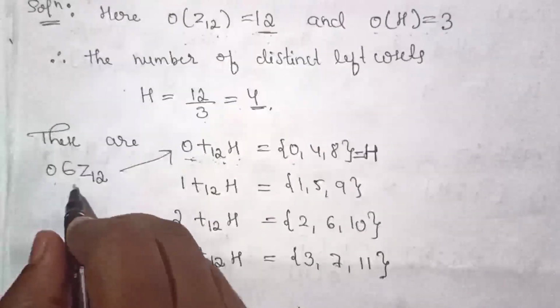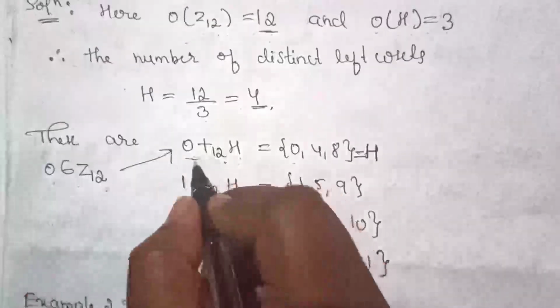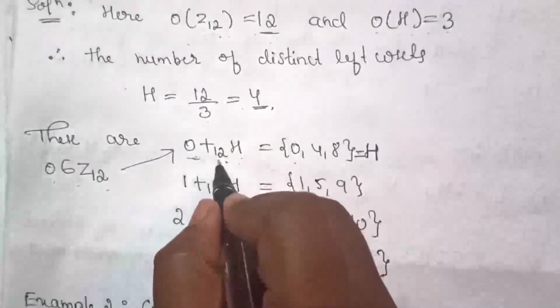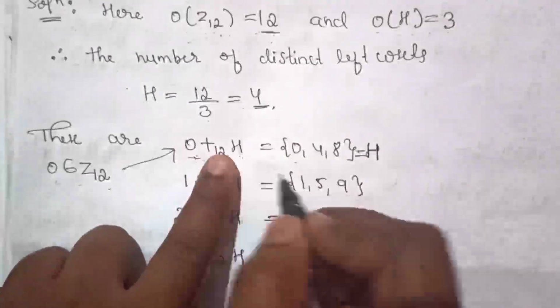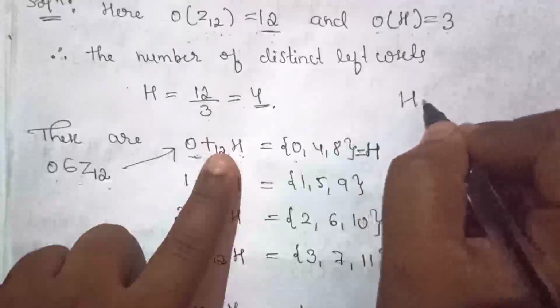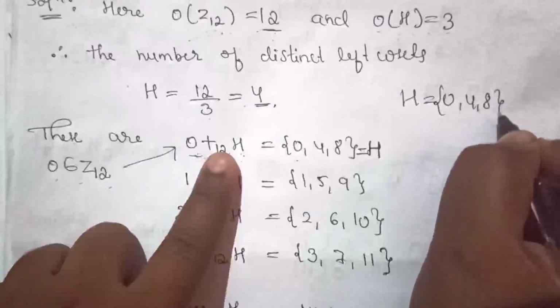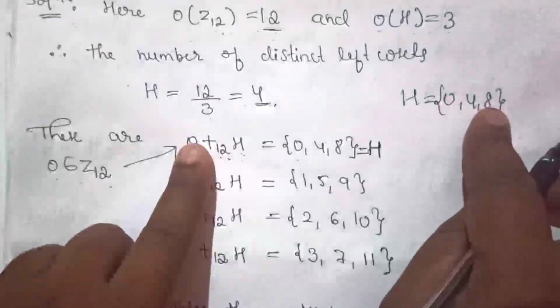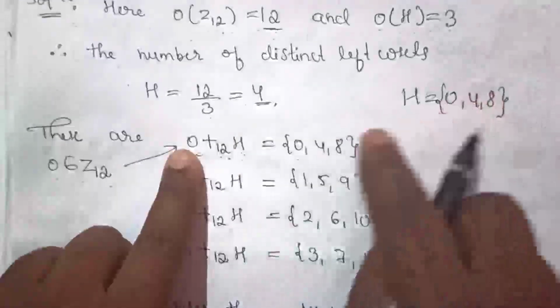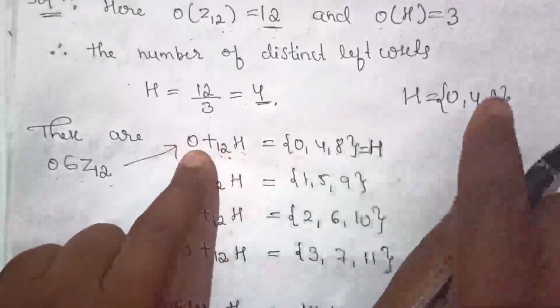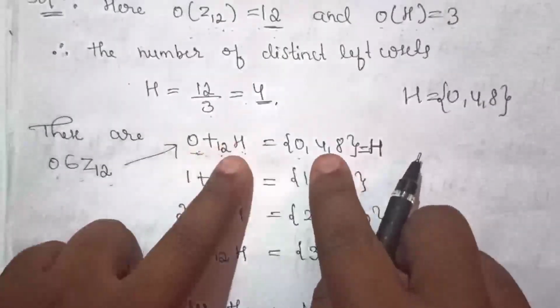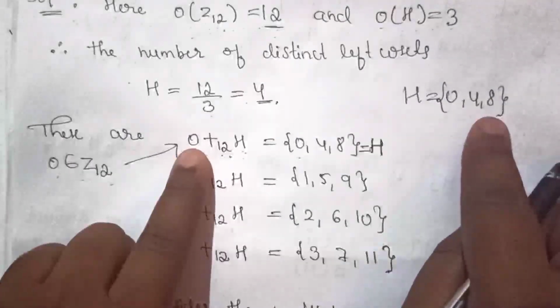Consider 0 belongs to Z12, then we write the left coset 0 plus H. The elements of H are, H equals 0, 4, 8. We have to operate this 0 with all these 3 elements. 0 plus 0 equals 0 only, 0 plus 4 equals 4 only, 0 plus 8 equals 8 only.